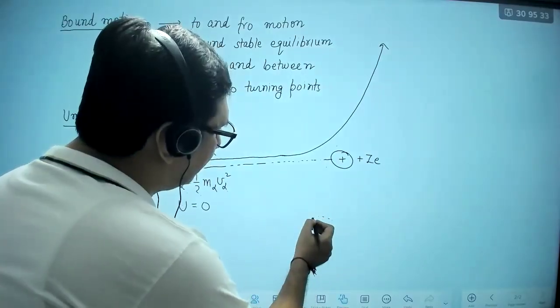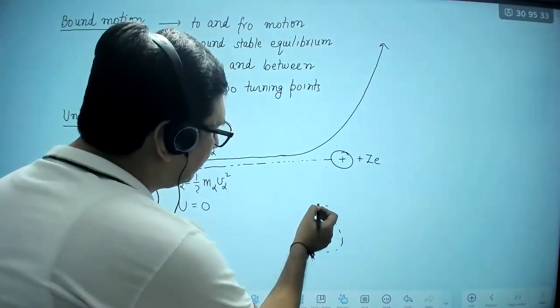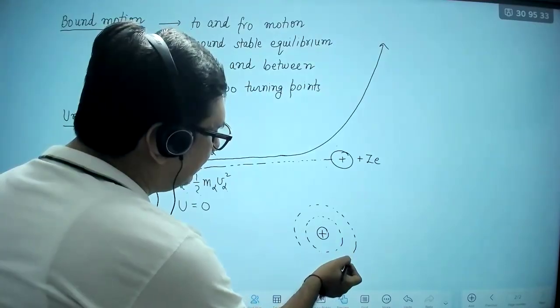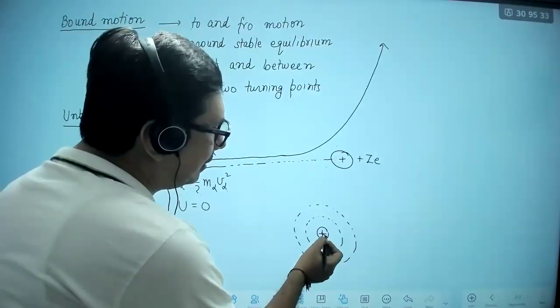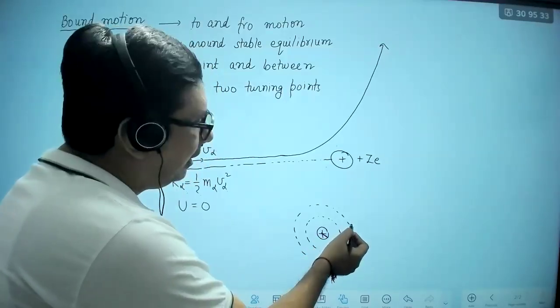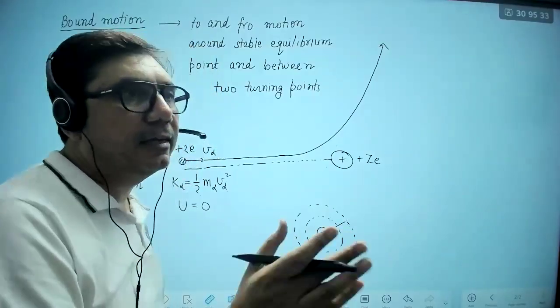So here, electrons will be here. And this nucleus is concentrated in a very small region, of the order of 10 to the minus 15, and here the size of the atom will be of the order of an angstrom.